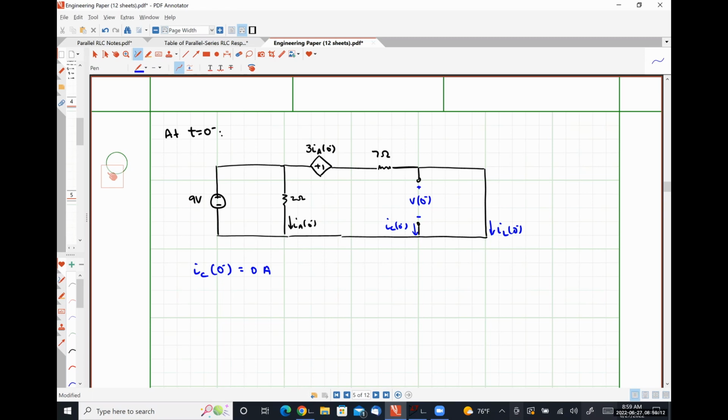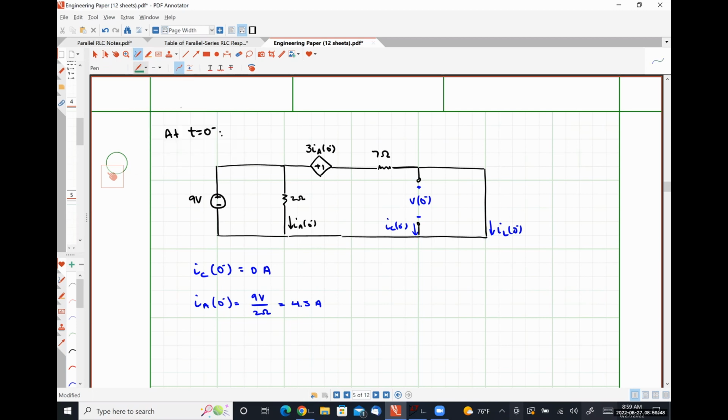By Ohm's law, we can see that IA at 0 minus is 9 volts over 2 ohms, which is 4.5 amps. And why that is important is it will allow us to determine IL using Kirchhoff's voltage law.